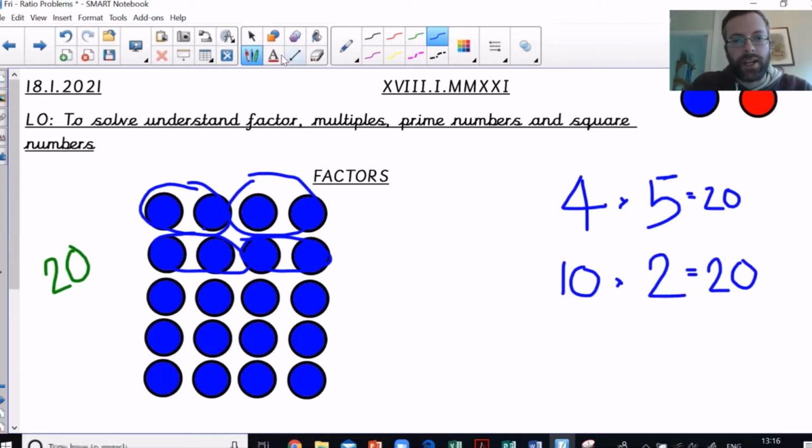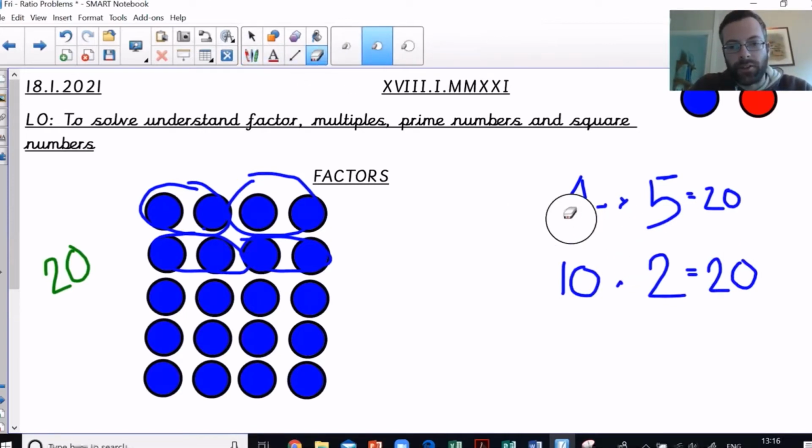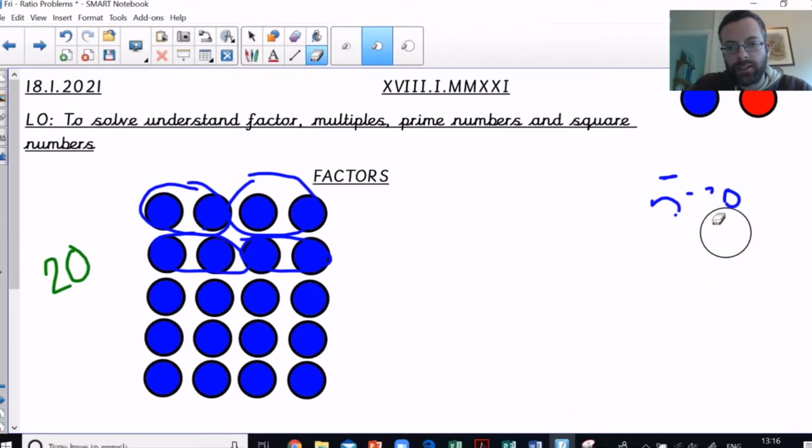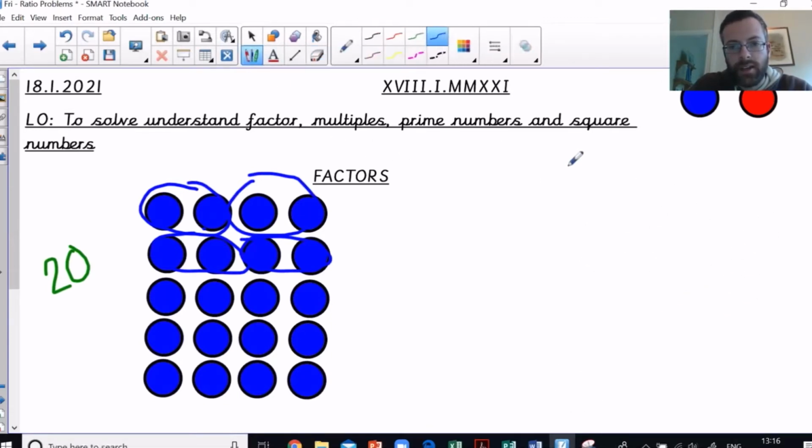So let's just do one that isn't with 20 and doesn't involve those. So if I was trying to find the factors of, let's say, 36. Okay, so the best way to start is with 1. So 1 and 36 can be multiplied together to give 36. So they are both factors. Then, can I multiply 2 by something? Well, if it's an even number, then I can.